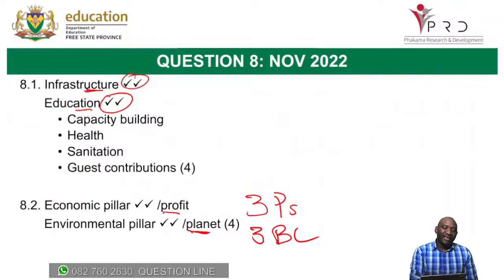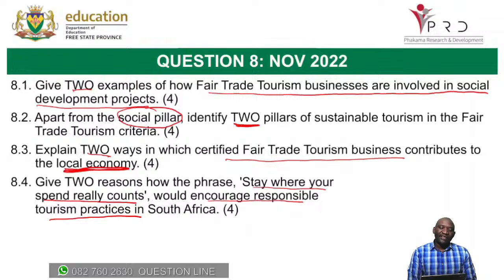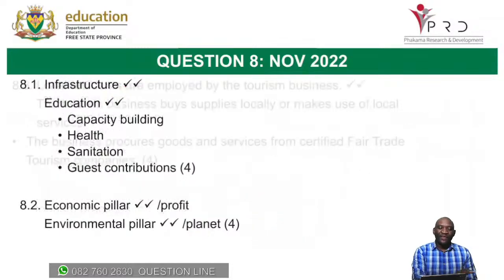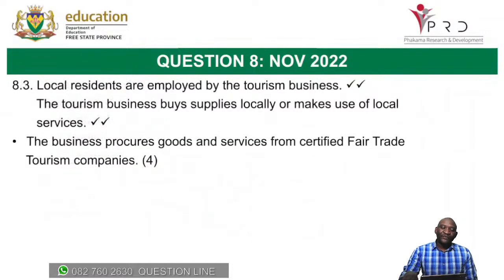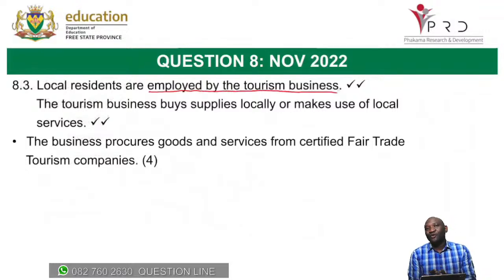And then if we look at question number 3, it says 2 ways in which tourism businesses contribute to the local economy. How do they actually do that? Employment. This is one answer that you must never ever forget when it comes to the economy, when it comes to people as well. The local residents are employed by the tourism businesses. Or when they can ask you about the social aspect of it, people get employment from these tourism businesses.